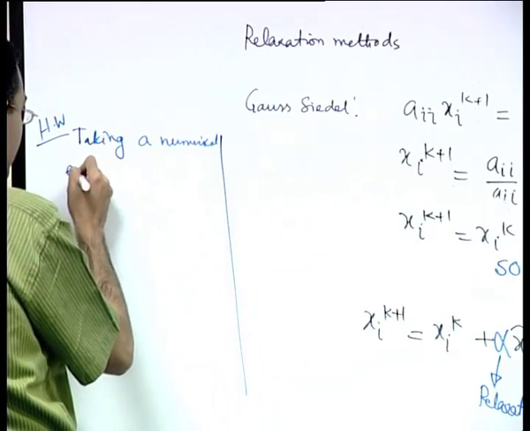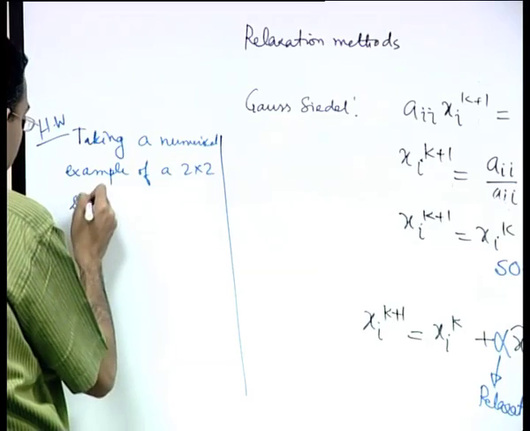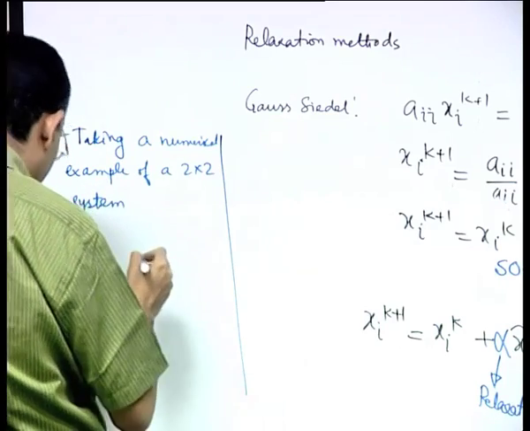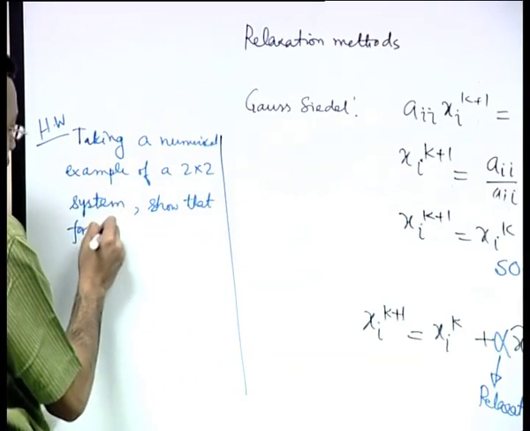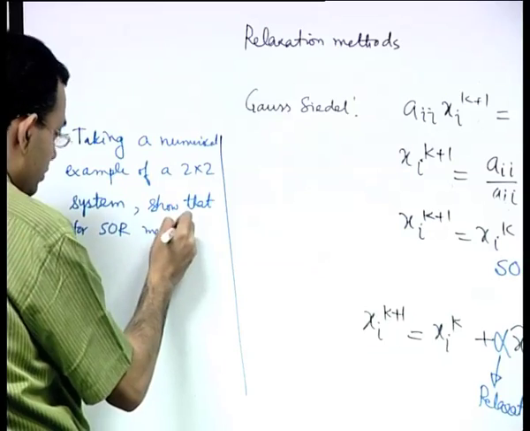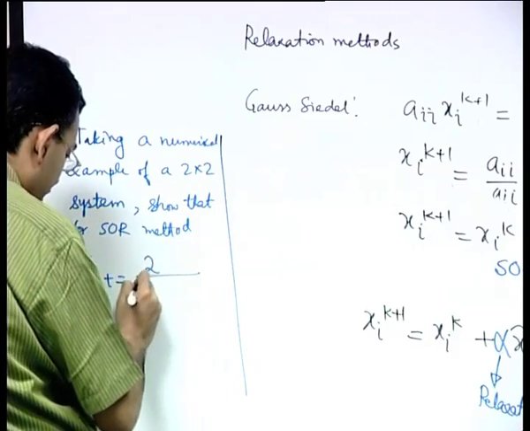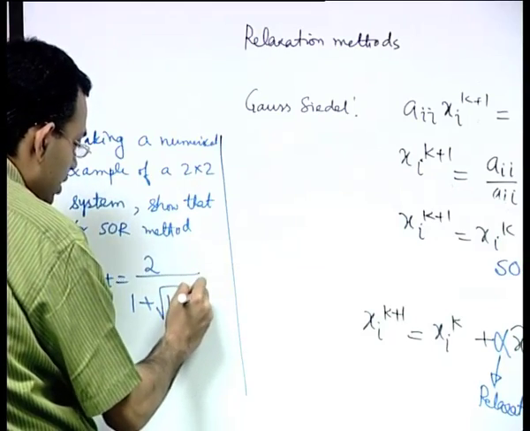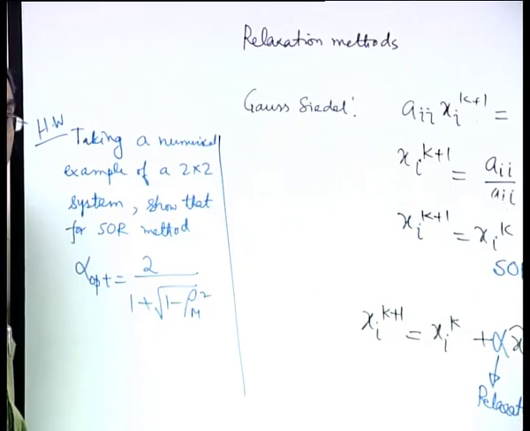Taking a numerical example of a 2 by 2 system, show that for the SOR method, alpha optimum is equal to 2 by 1 plus the square root of 1 minus the square of the spectral radius of convergence for the Gauss-Seidel method for the matrix M.